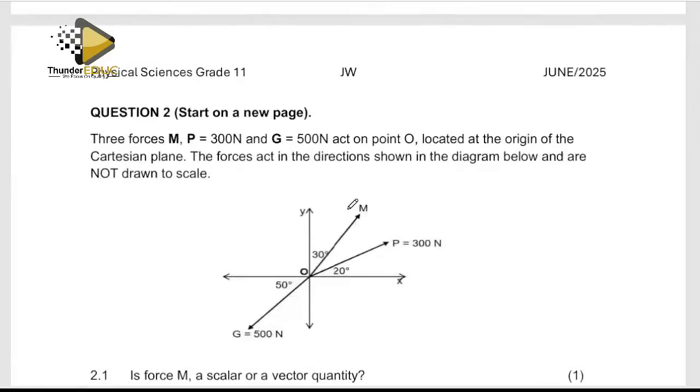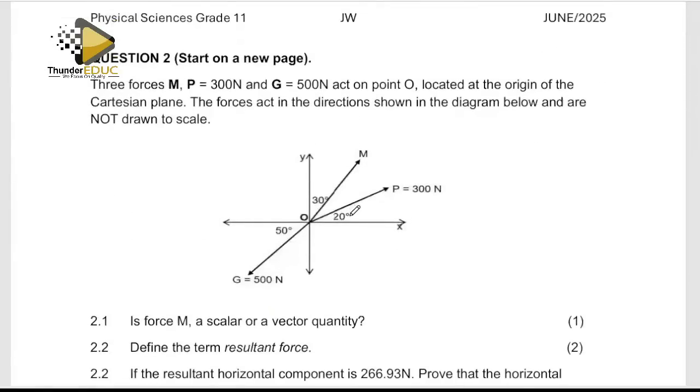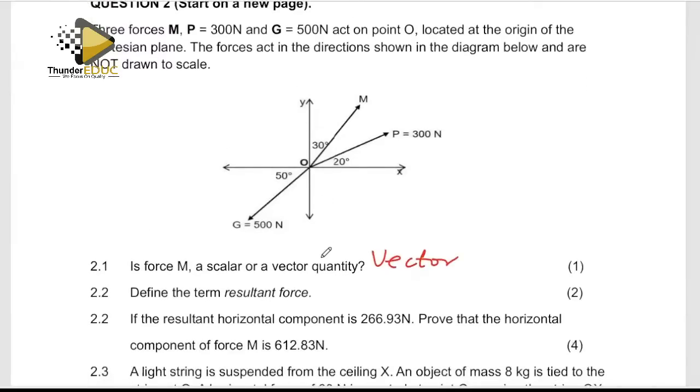Then question 2, we have three forces, M, P, and G, acting on a point located at the origin of the Cartesian plane, with the forces in the directions as shown below. Is the force M a scalar or a vector? Number one, we know that anything called a force will always be a vector quantity. And then define the term resultant force.